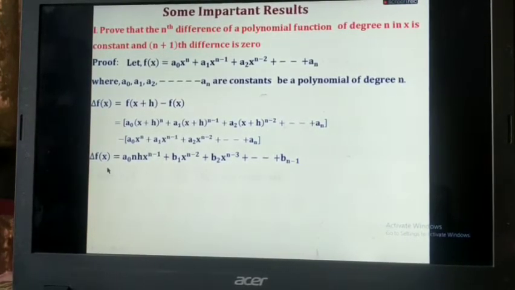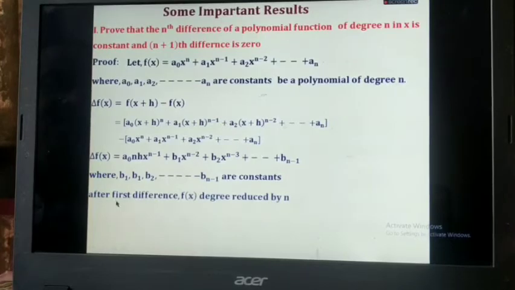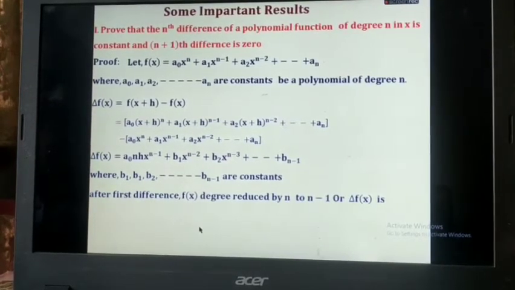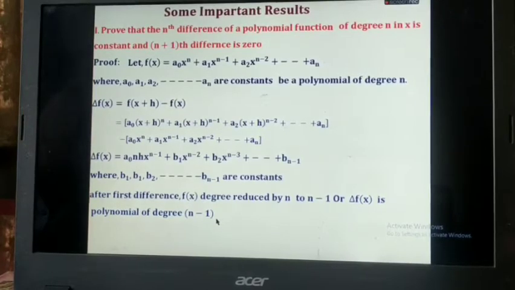Here b1, b2, b3, up to b n minus 1 are also constants, and we observe that after the first difference the degree reduces from n to n minus 1, or delta f of x is a polynomial in x of degree n minus 1. f of x is a polynomial of degree n, delta f of x is a polynomial of degree n minus 1.